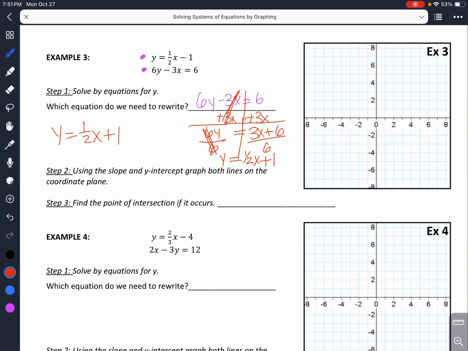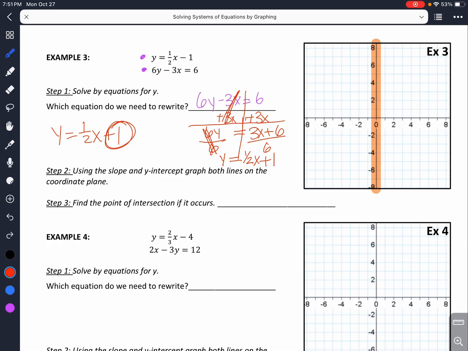Okay? So again, I'm going to start by looking at my y-axis, and I'm going to graph my y-intercept. So here, my y-intercept is at positive 1, so I'm going to put my point at positive 1. And then I'm looking at my slope, and my slope here is 1/2.